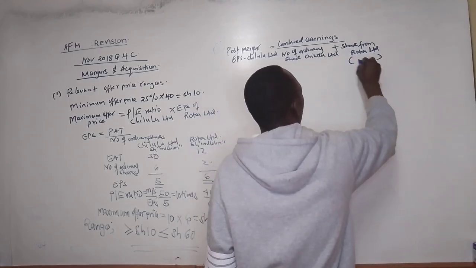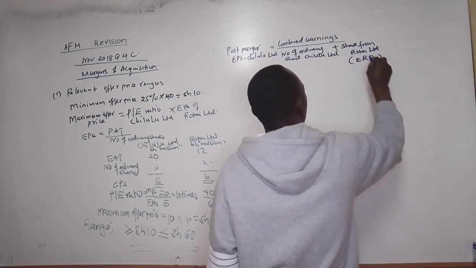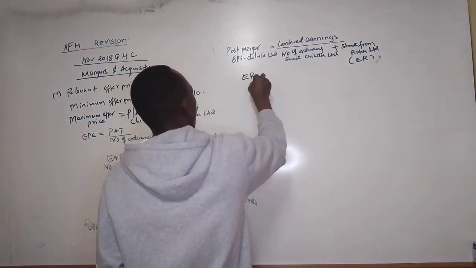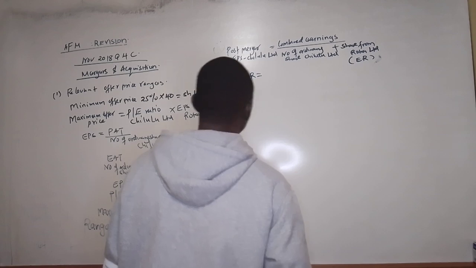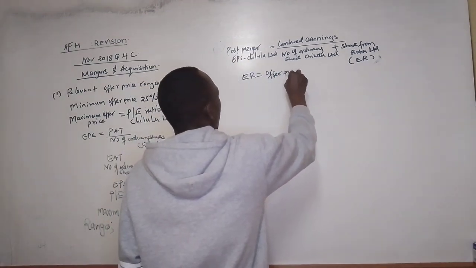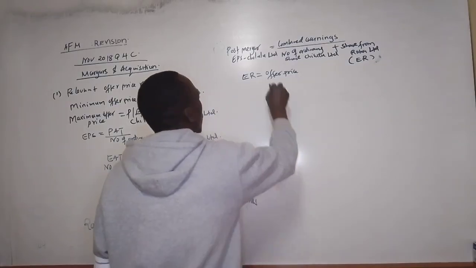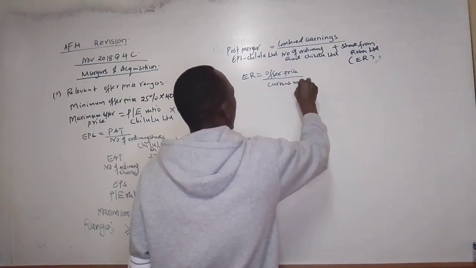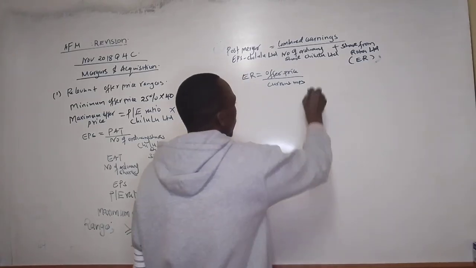In this case, we are going to use what we call the exchange ratio. And how do we get the exchange ratio? It is very easy. You take the offer price, then divide by the current MPS.